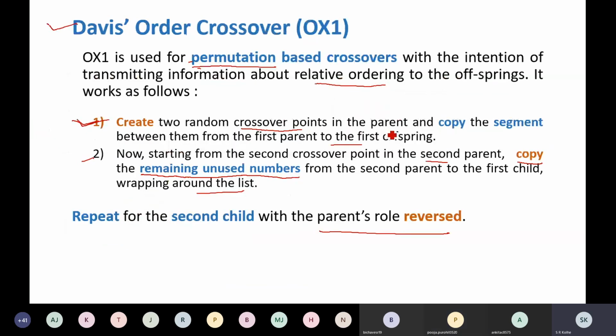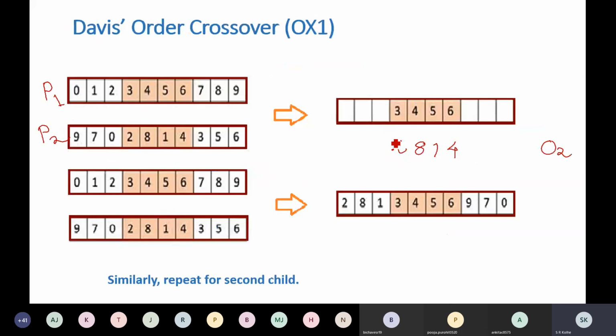Create two random crossover points. We have kept the same crossover points. Copy the segment between them from first parent to the first offspring. So now the second offspring we are generating, so we will reverse the roles. Okay, 2814.